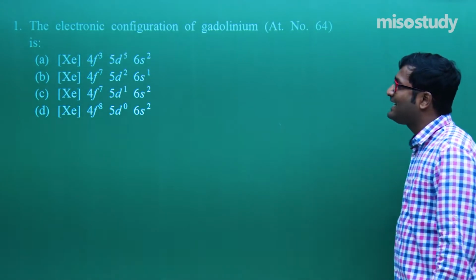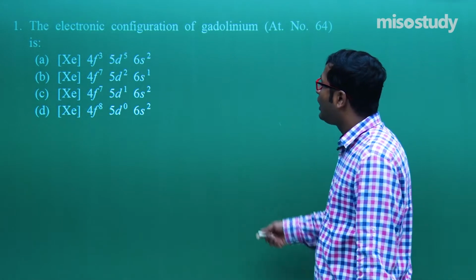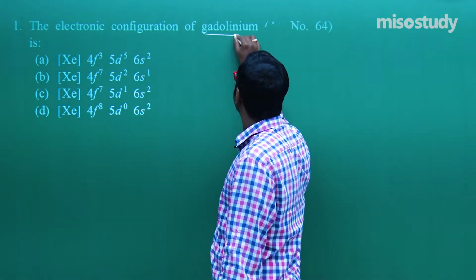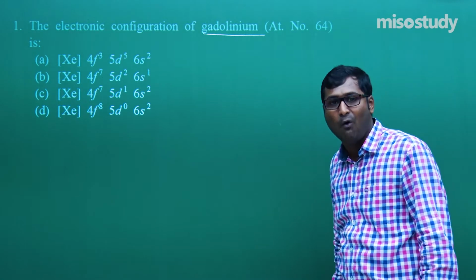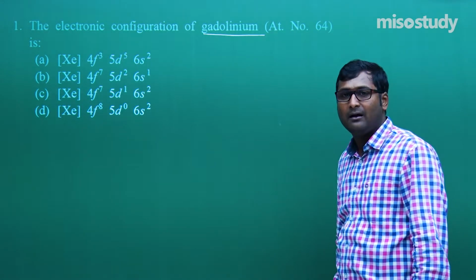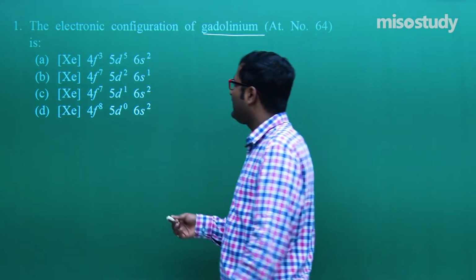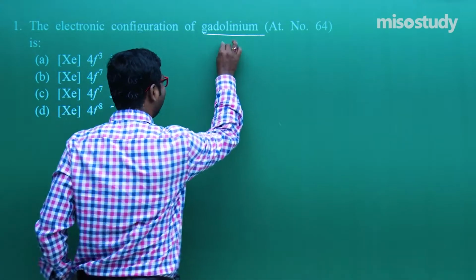Now look at the electronic configuration of gadolinium, whose atomic number is 64. What will be the electronic configuration in terms of the inert gas?